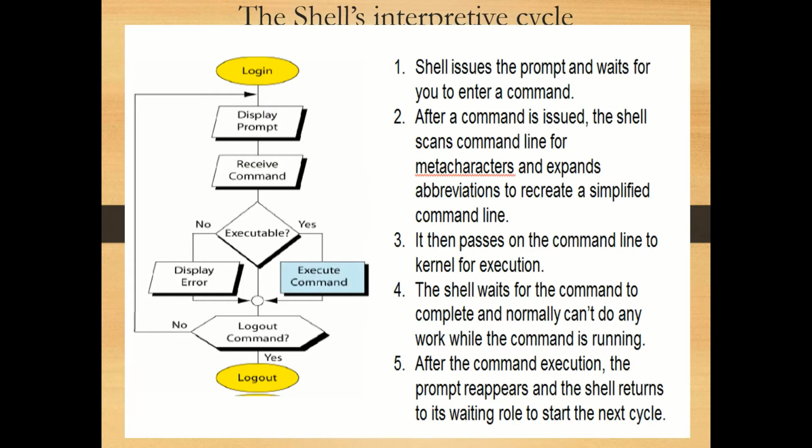The below flowchart shows how the shell interpretive cycle works. Initially, the shell issues the prompt and waits for the user to enter a command. After the command is issued, the shell scans the command line for meta characters and expands abbreviations to create a simplified command line.